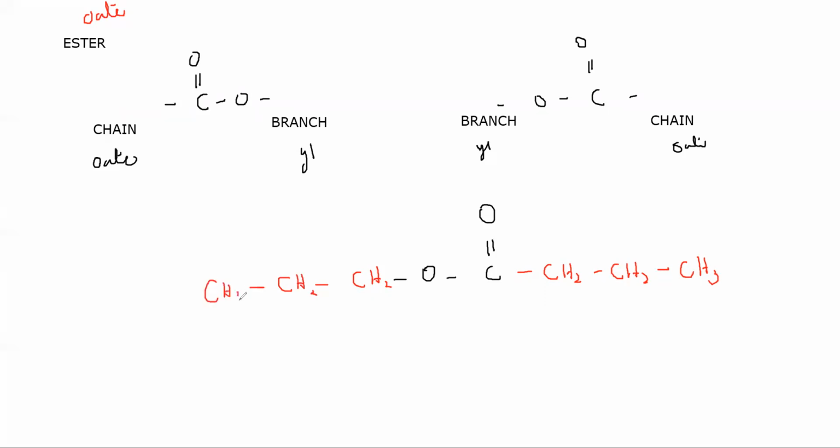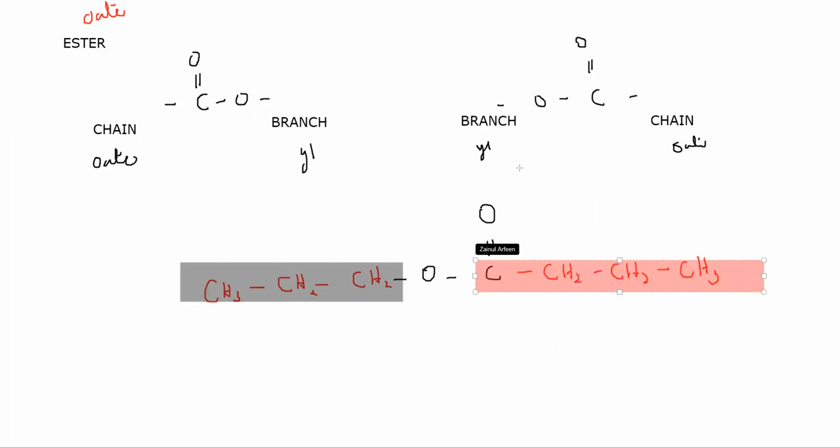In this case, because I erased the branch from the left hand side, the left hand side is a branch and the right hand side is a chain. What is the name of this ester? How many carbon atoms are in the branch? It contains 3 carbon atoms.